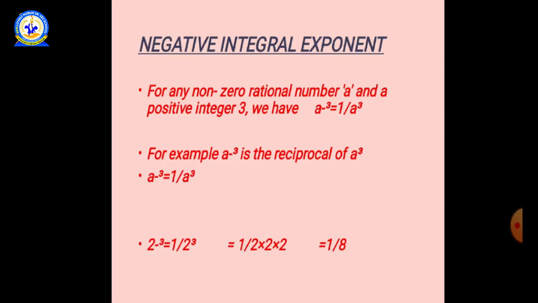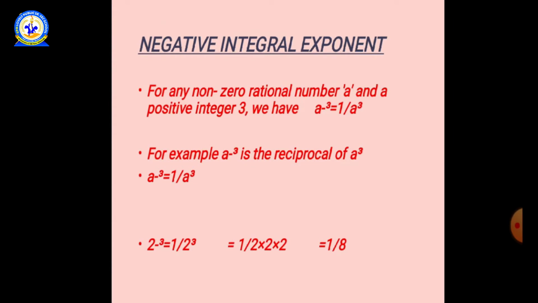Now in this chapter, if a power is negative, it is very difficult to write the power and calculate it. So that's why we take the reciprocal, and I can write 1 upon a raised to the power 3. If it is a raised to the power minus 3, how can I write it?